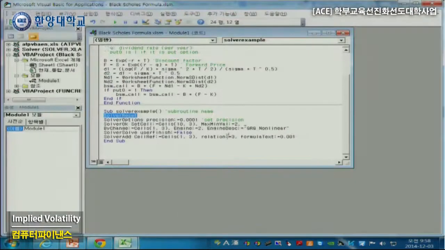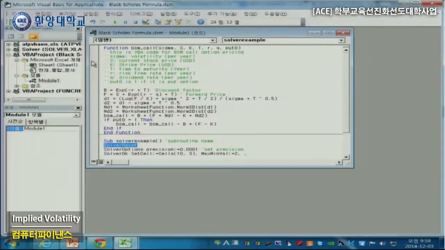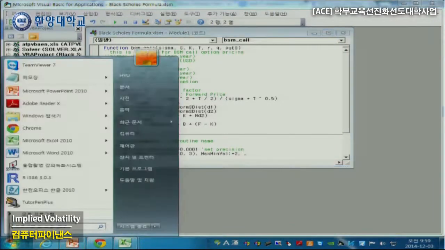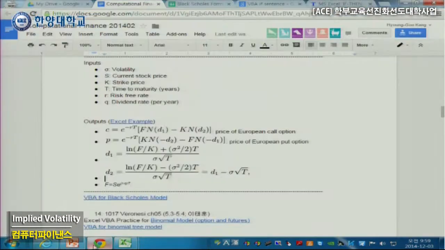Okay, we can refresh it. I slightly modified it. That's everything. Okay. And then, now somehow it's working.